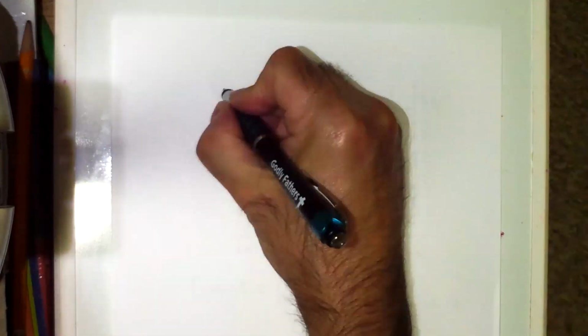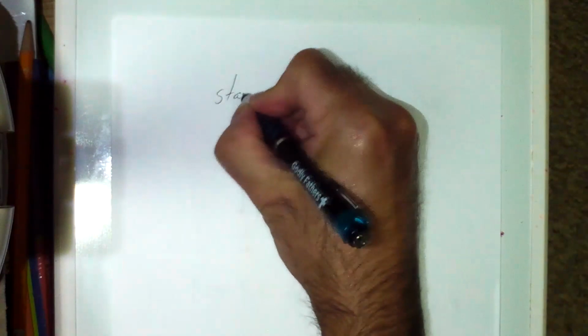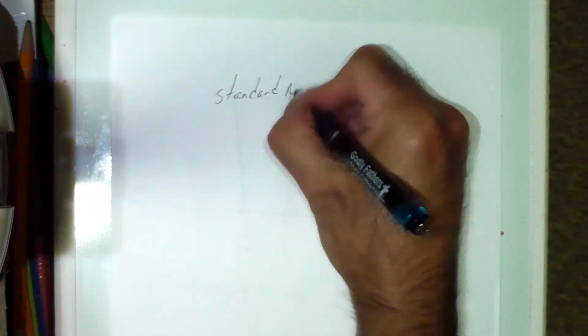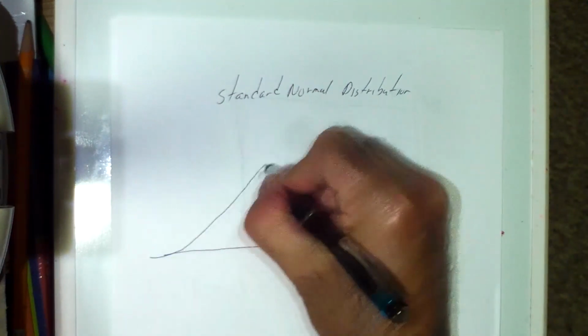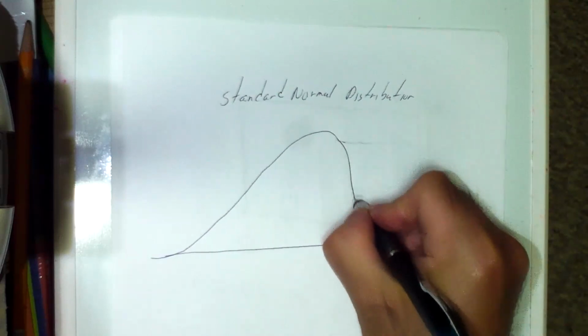Okay, so this is the standard normal distribution. So you had your bell shape. And I'll tell you what makes this graph so unique.